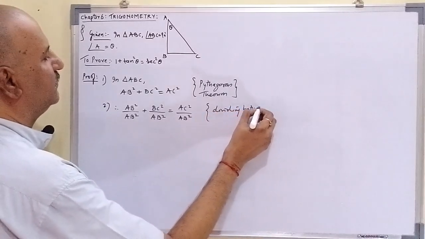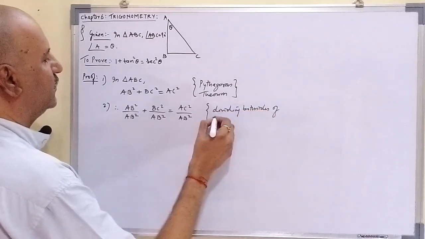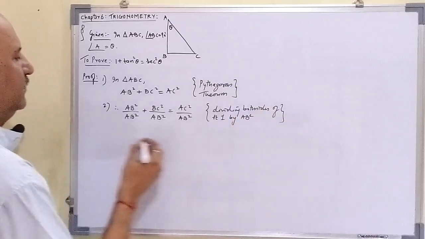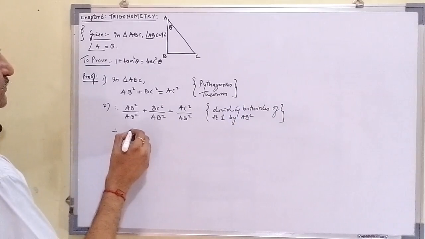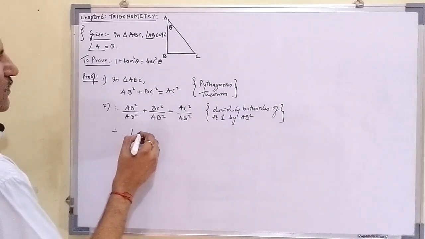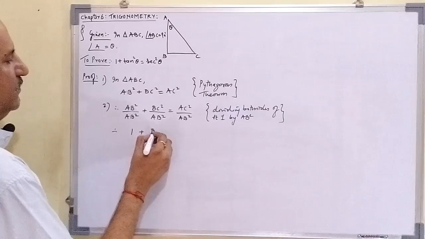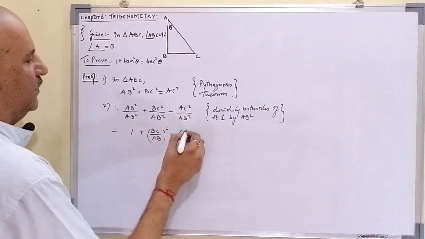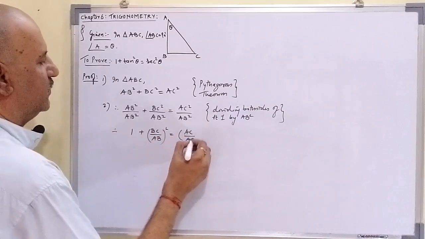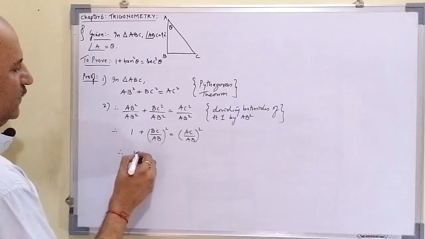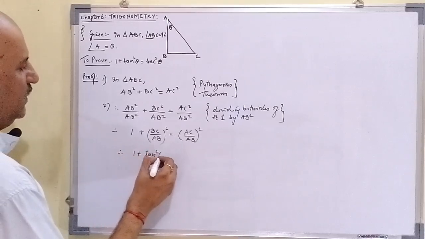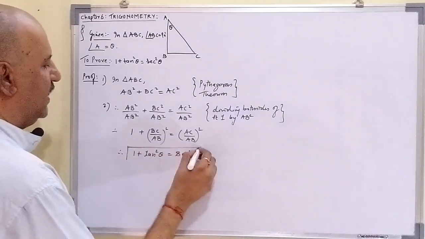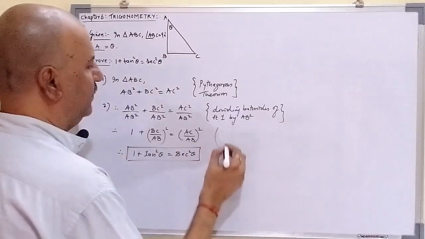Dividing both sides of statement 1 by AB square. So ये क्या होगा, 1 plus BC upon AB the whole square equals AC upon AB the whole square. 1 plus tan square theta is sec square theta.